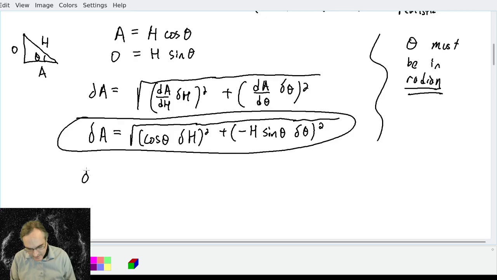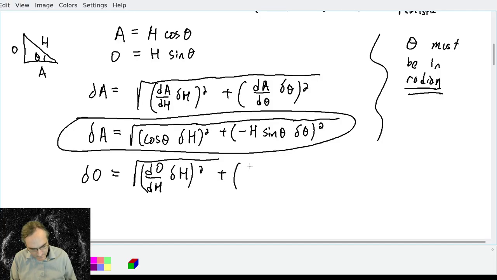If we wanted to do the same thing for the uncertainty in O, we'd have dO dH, uncertainty in H squared, plus dO d theta, uncertainty in theta squared.